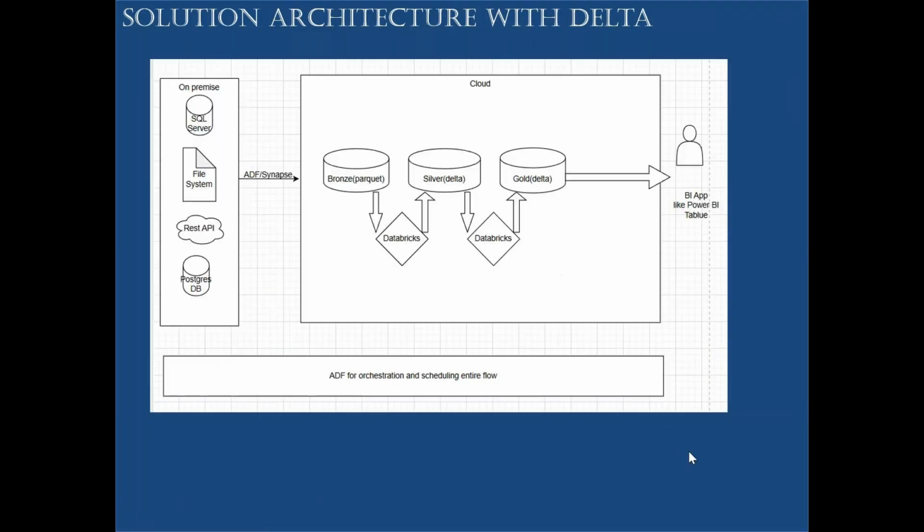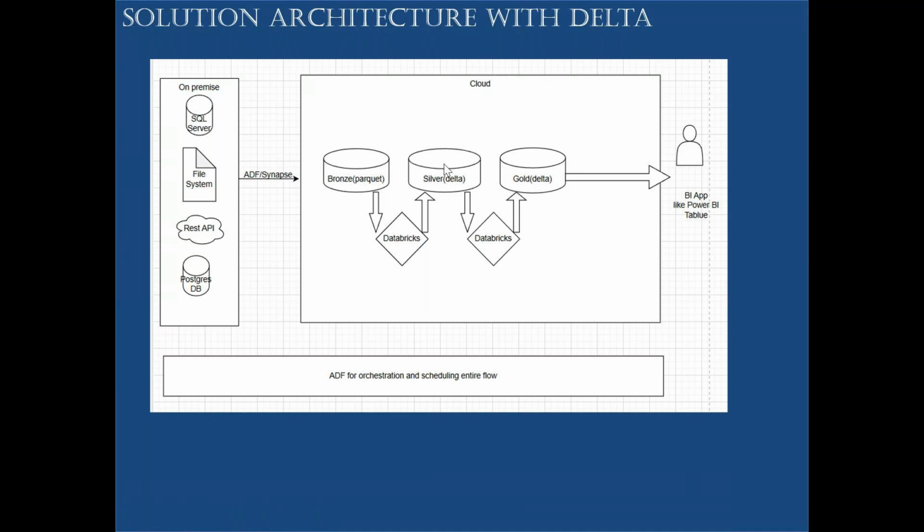Now, if you see the solution architecture as we discussed, team, we have data coming from various source systems. Using ADF and Synapse, we put it in CSV, JSON, or Parquet format in the bronze layer. We read data into Databricks, transform it, do data validations, and write data into Silver in Delta format.